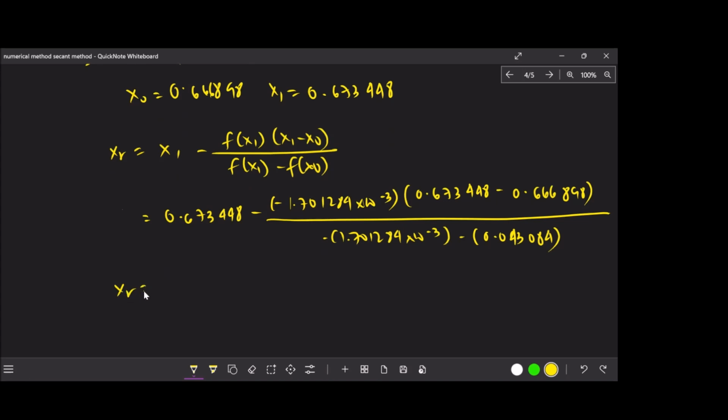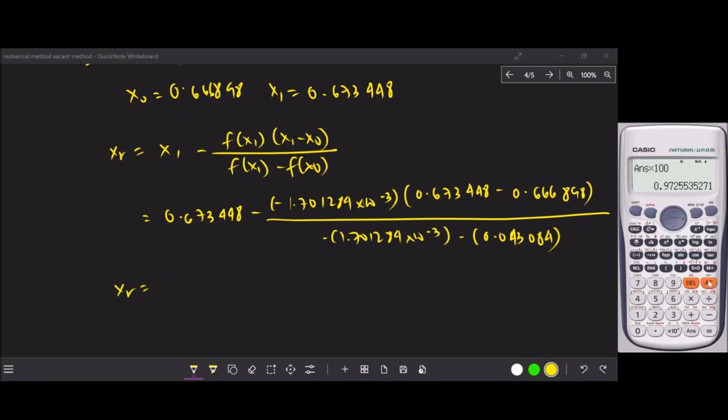Okay, so our new xr will be, we recall C, then f of x1 will be D, then we recall C minus our A, which is 0.66898, then recall D minus recall B. Okay, let's see our B. So we have 0.673199.